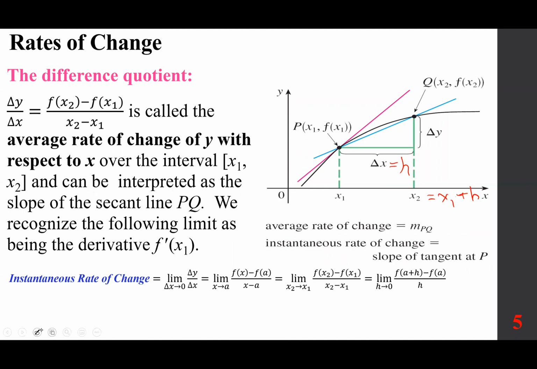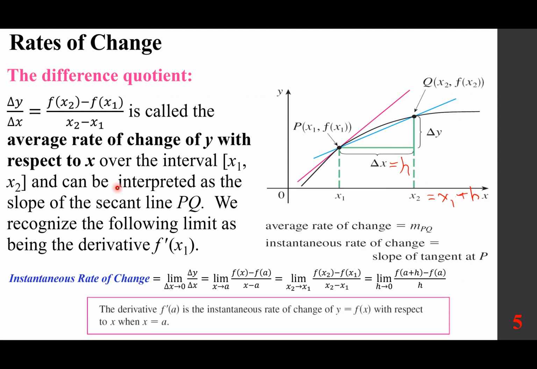We are repeating the same thing known as instantaneous rate of change. So what is the average rate of change? Slope of a secant line. What is the instantaneous rate of change? The slope of a tangent line. Now the derivative f prime of a is the instantaneous rate of change of y with respect to x when x equals a. So those are all definitions.